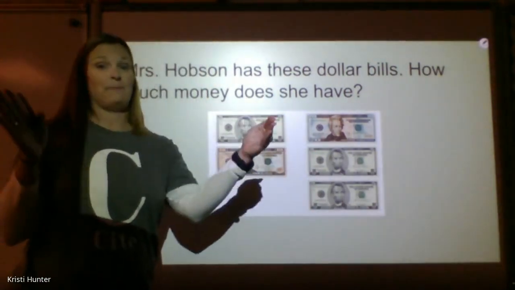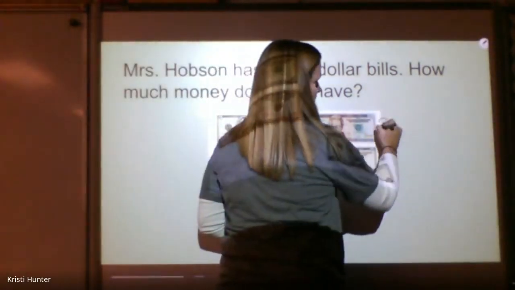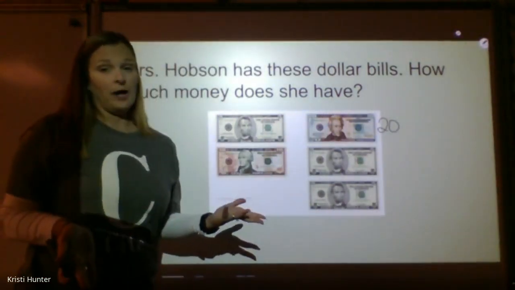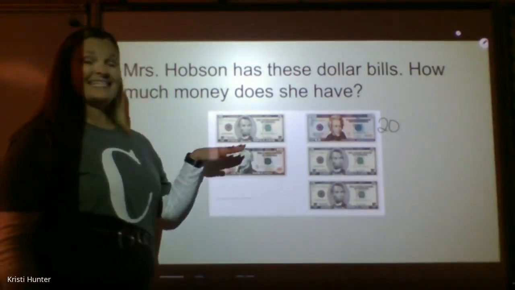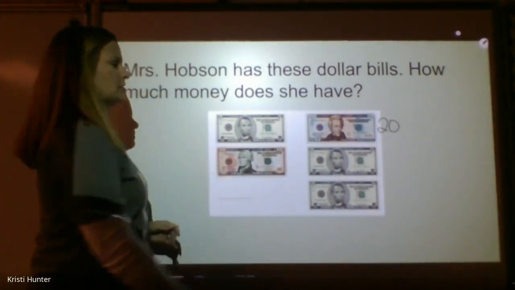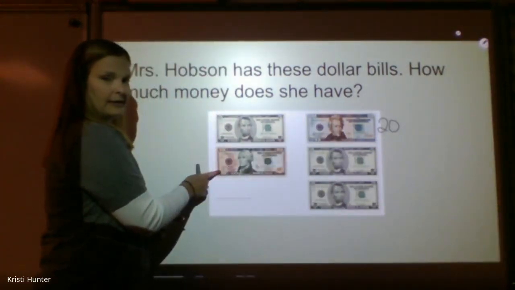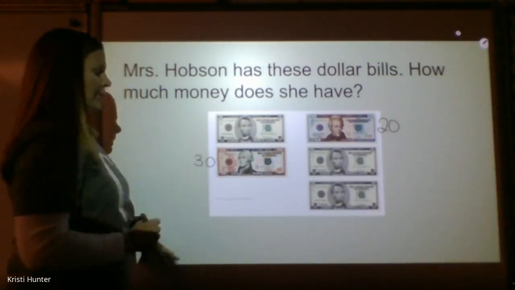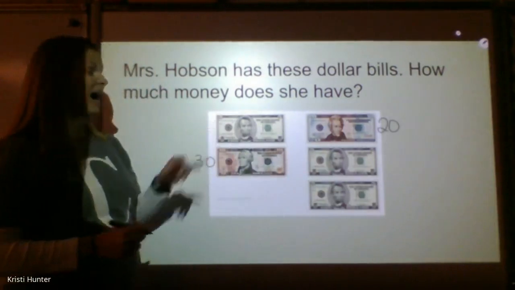I know that's the bill that's the biggest that we're going to have. So I'm going to start with it. Mrs. Hobson has $20. Now, she doesn't have any other 20s, so I'm going to jump down to the next bill, which would be the $10 bill. So if she has 20 and we add 10 to it, where would we be? If you said 30, you're correct.